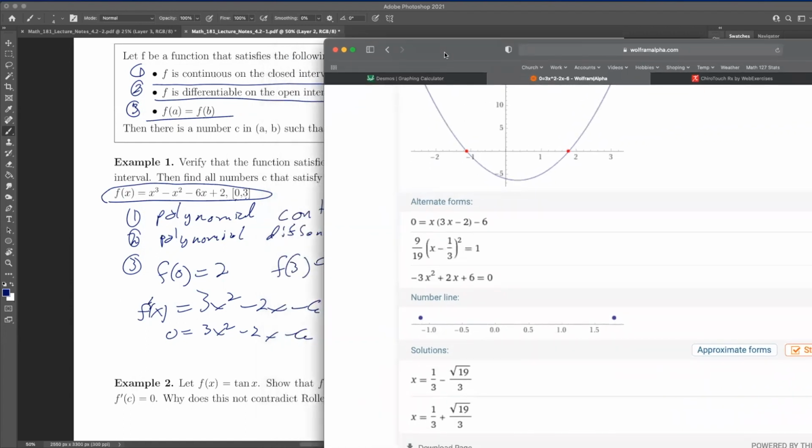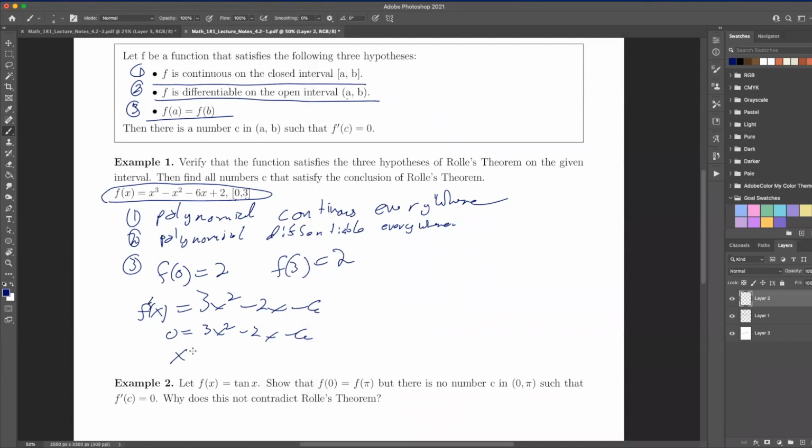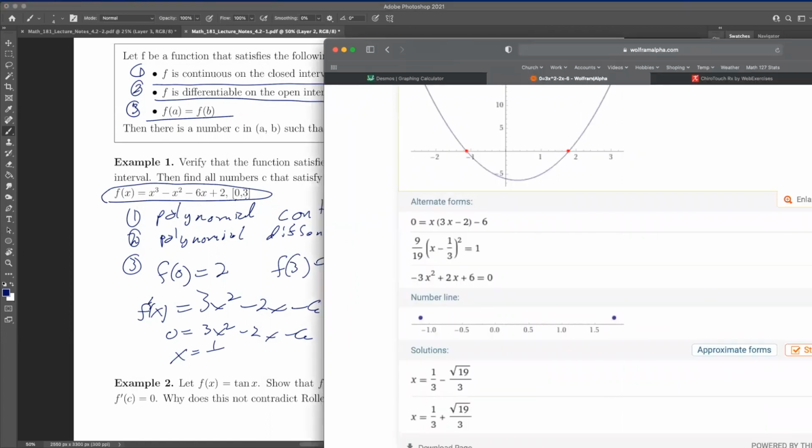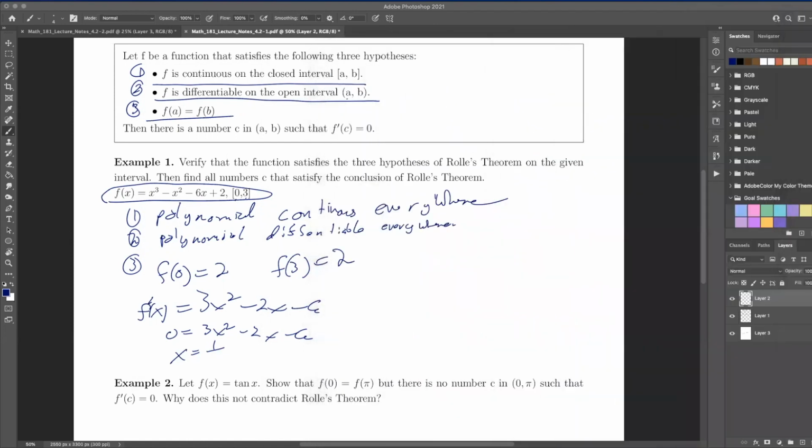I just pulled this from one of your homework problems, so I wouldn't be a bit surprised if it is this awful. Notice that one solution is outside of our domain, since it's less than 0, but the other is inside our domain. So here, x is equal to 1/3 plus the square root of 19 over 3, which is approximately equal to 1.78.